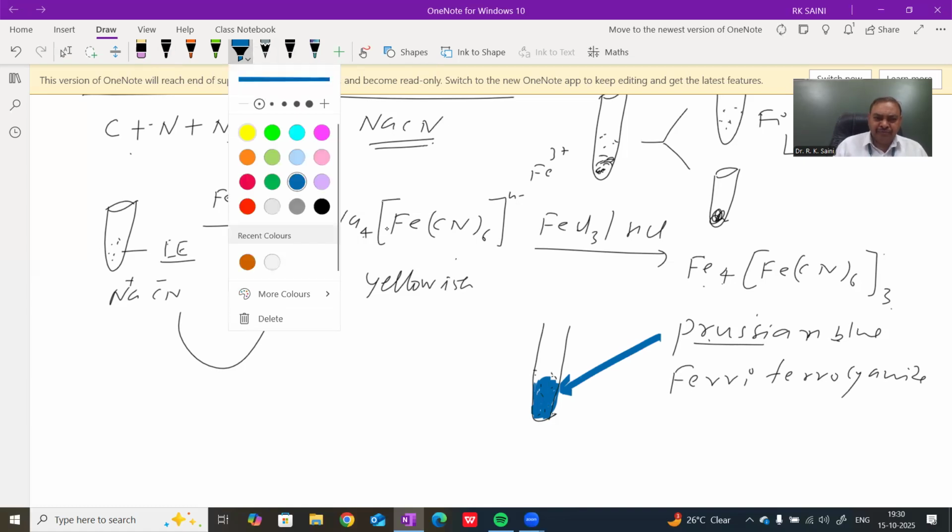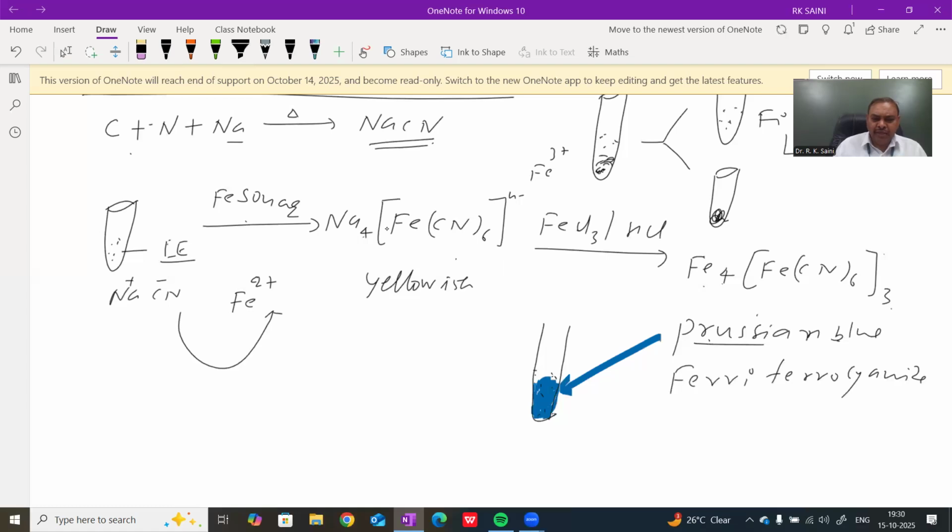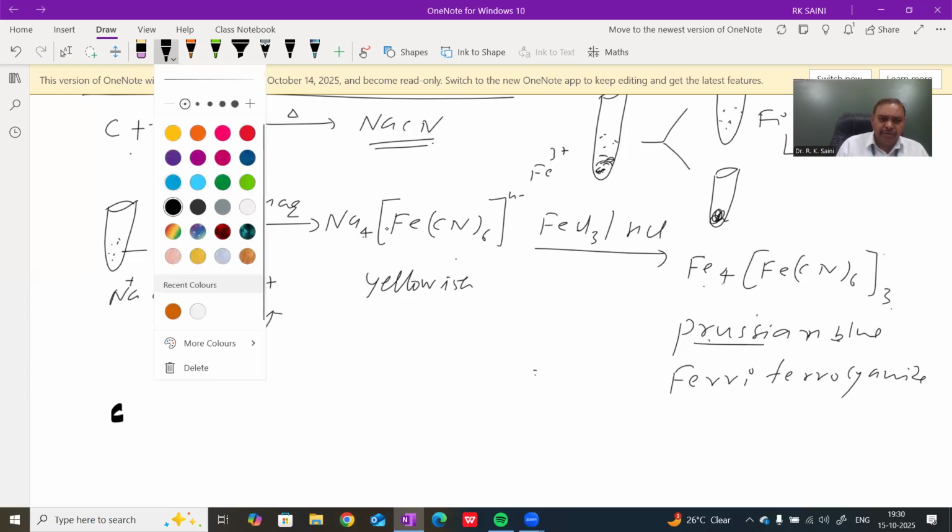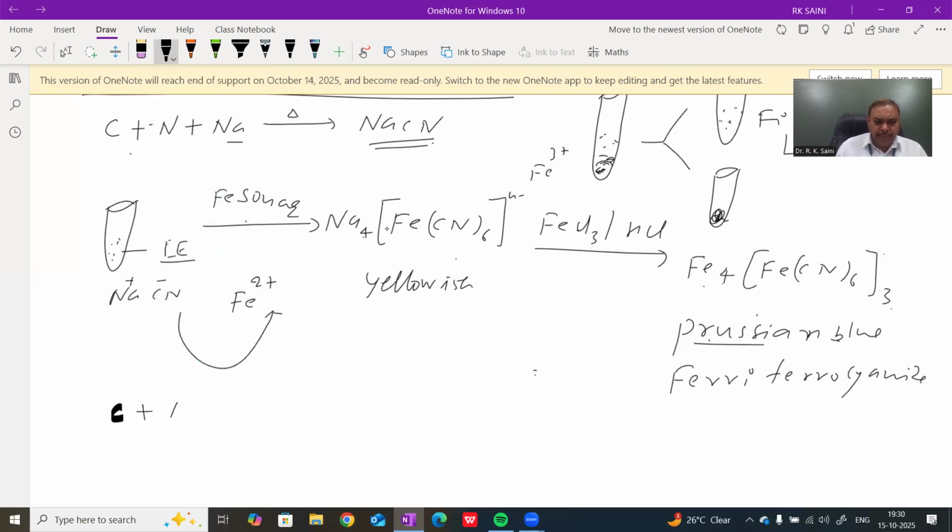If, in addition to nitrogen, sulfur is also there, then the organic compound contains carbon, nitrogen, sulfur, and sodium metal.